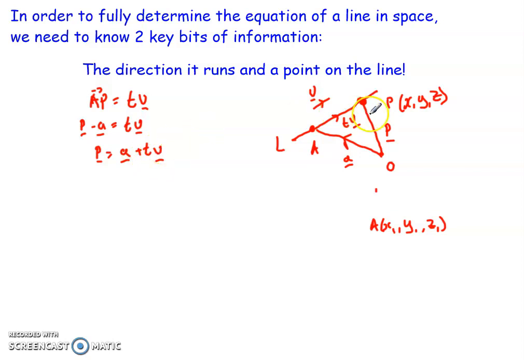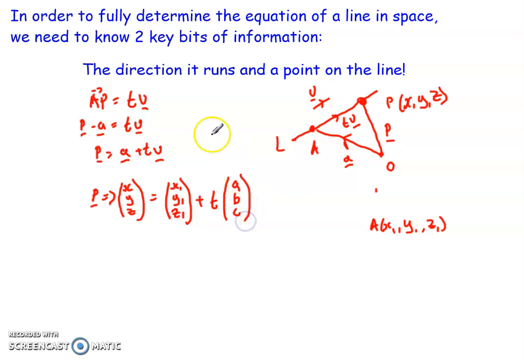Now what we can do is take each of the bits we've defined here and plug them in, so we've got a component form. What that means is I'm going to have P equals x, y, z in component form, which because of this relationship is going to equal x1, y1, z1, and then that's going to be plus t, and I'm going to define my vector a, b, c as being my direction vector u.